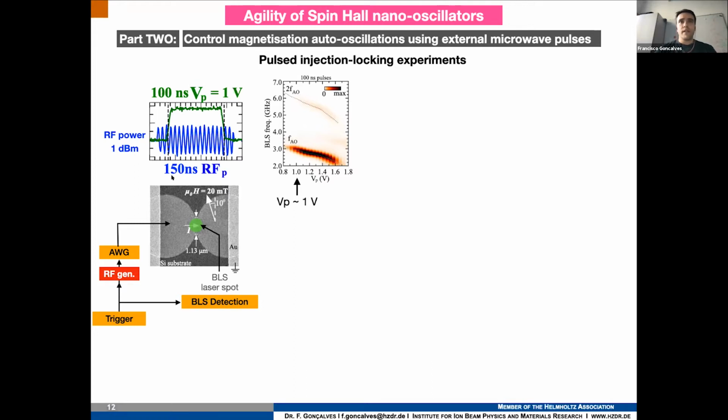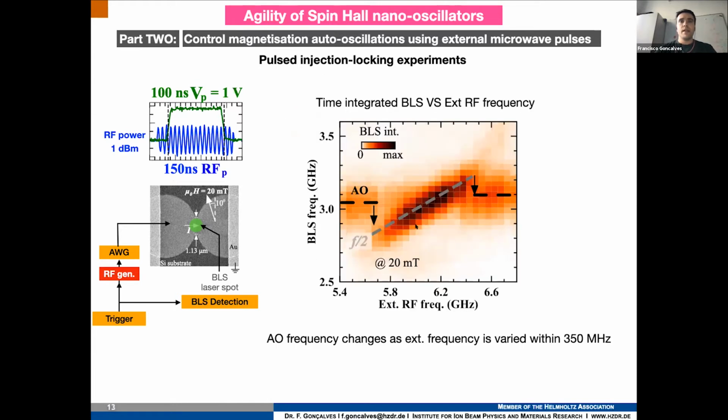Before going to the time resolved data, I would like you to see a typical measured frequency on the vertical axis against the applied external RF frequency on the horizontal axis.